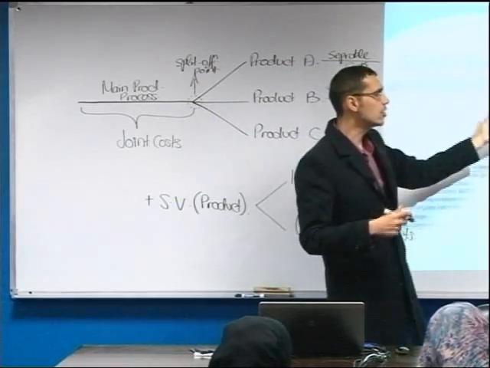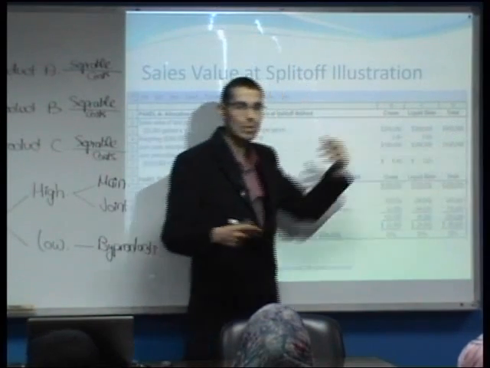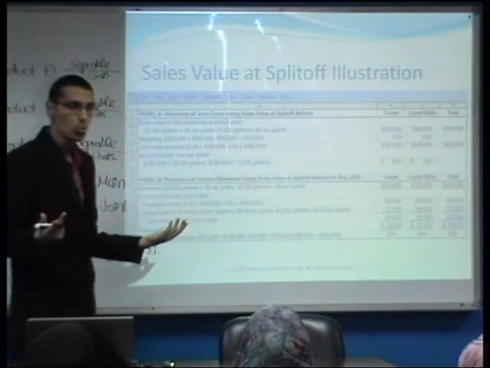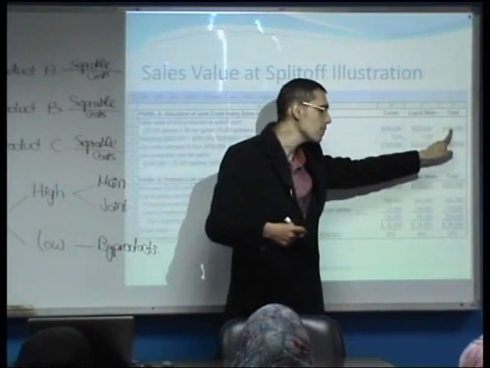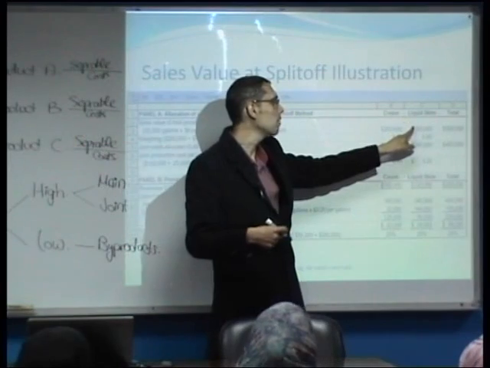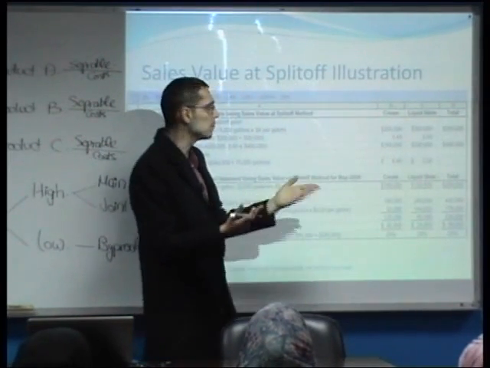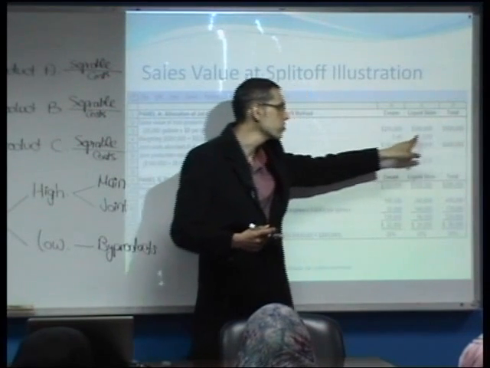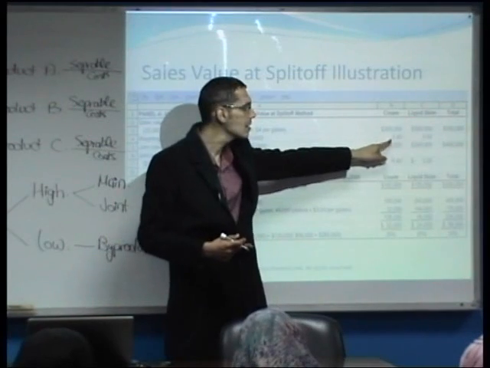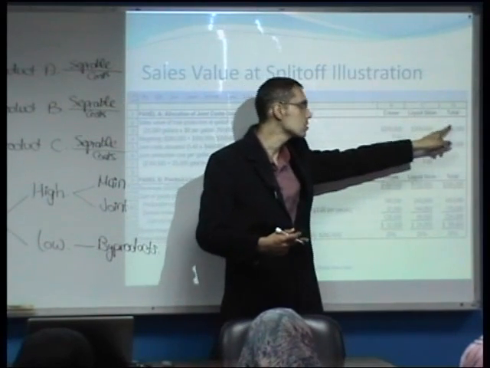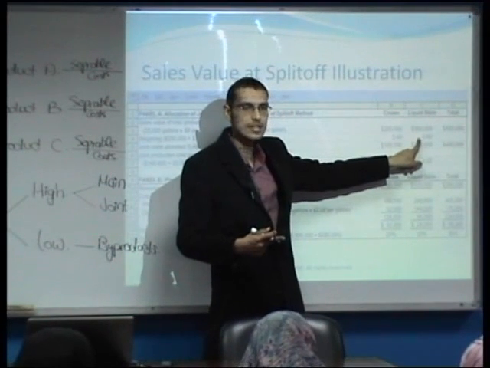Therefore, after now getting the sales value for the cream and the liquid skim, and as a total, now we can get the percentages. We need now to calculate the percentage of the 200,000 from the 500,000 and of the 300,000 from the 500,000. Therefore, we divide the 200,000 by 500,000, and it results in 40%. And the 300,000 divided by 500,000 results in 60%.